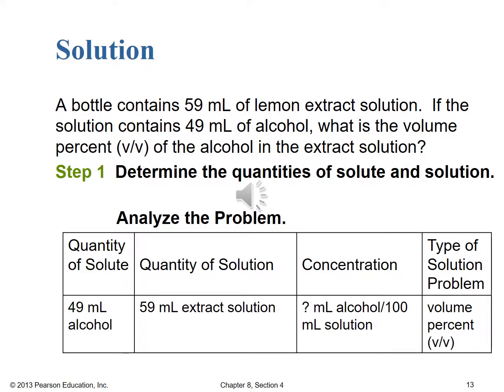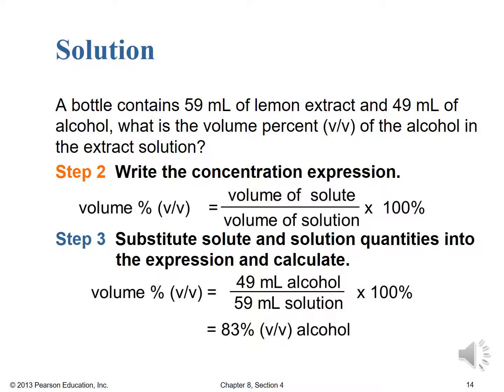Okay, so step number 1, determine the quantities of solute and solution. In this case, the quantity of our solute is 49 milliliters of alcohol. We have 59 milliliters of extract solution, so we're looking for the overall volume per volume percent in this example. Okay, moving on to step 2, we're going to write that volume percent.